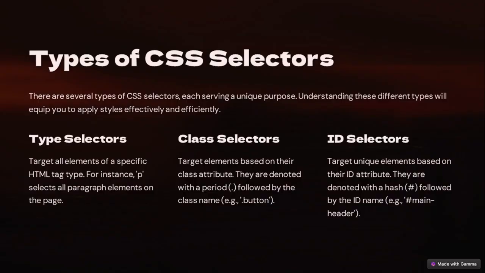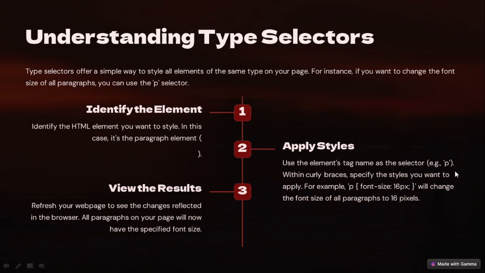For a recap, we have three types of selectors which we just went through: the type selector, the class selector, and the ID selector. The type selector makes use of the tag name, the class selector makes use of a period followed by the class name, and the ID makes use of a hash followed by the ID name. So understanding type selectors, if you want to change the font size of a paragraph, you can make use of the P.